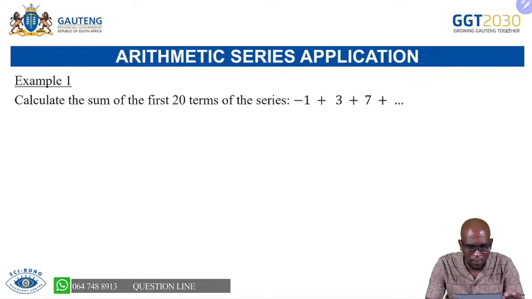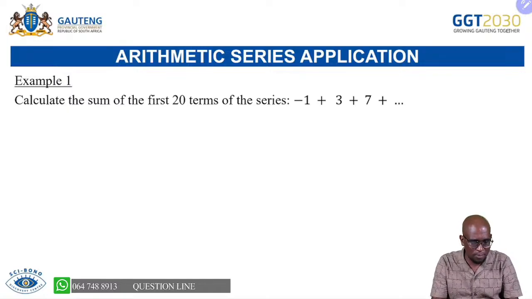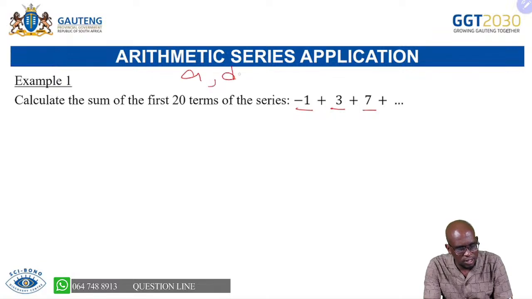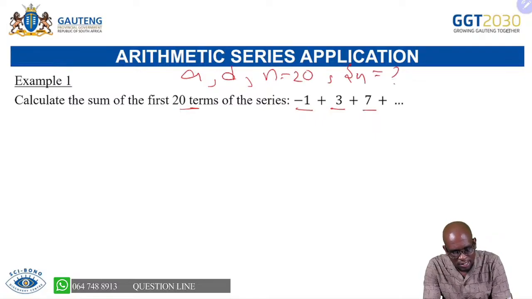Arithmetic series application. Let's look at the application of an arithmetic series. First example, calculate the sum of the first 20 terms of an arithmetic series -1, 3, and 7. Remember, you need A, you need D, you need N, and you are given N is 20, and you want to calculate Sn.